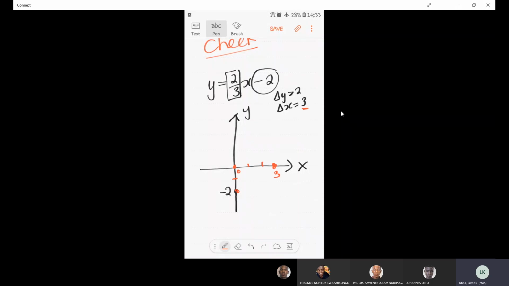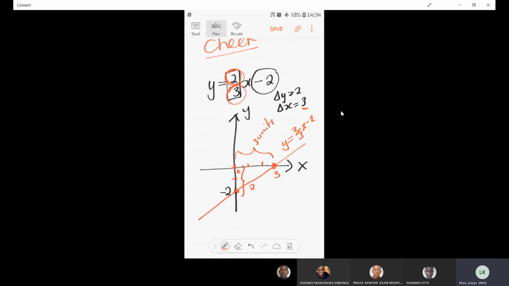Then I take my ruler and I just connect the 2 points like that. And this is the line y is equal to 2 over 3x minus 2. Here I have moved 2 units because that is my numerator, and this side I have moved 3 units because that is my denominator, delta x.